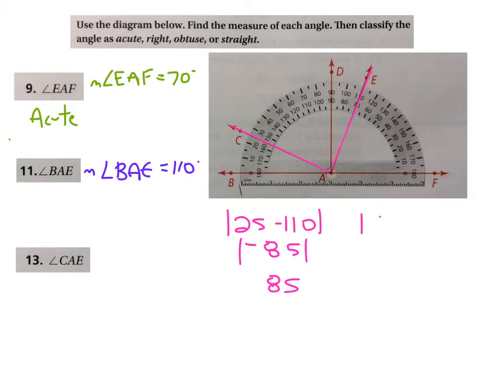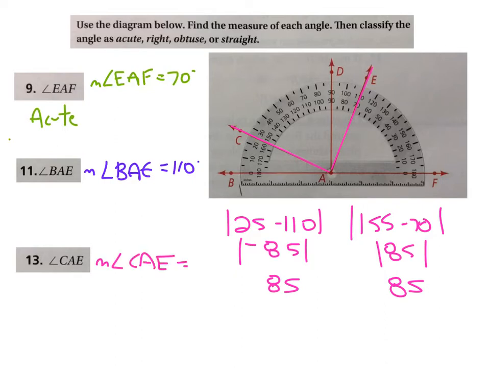So if we did 155 minus 70, we would get 85. And of course, we really are always taking the absolute value. It just happens to be that absolute values of positive numbers are positive. So then we can say the measure of angle CAE is 85 degrees.